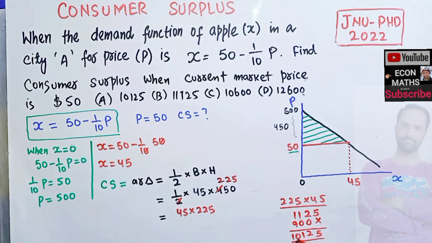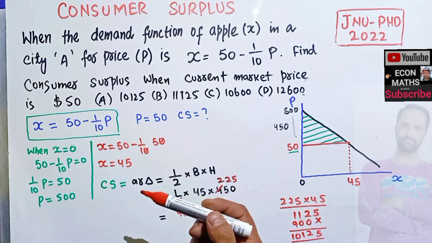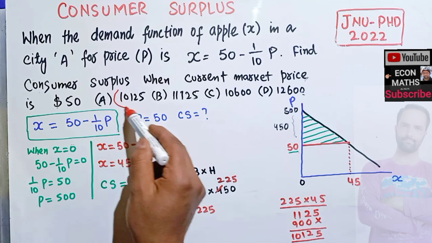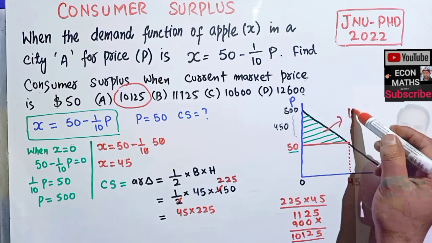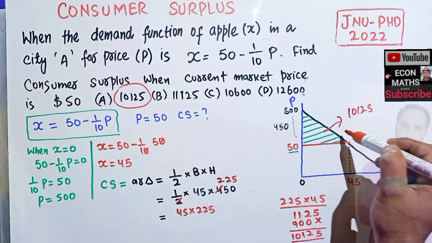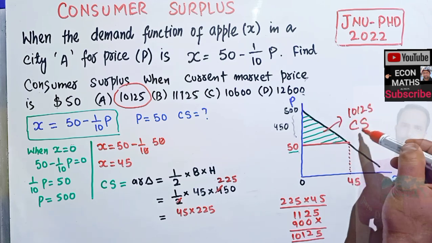So we got 10125. That means the area of this triangle came out to be 10125, which is our consumer surplus.